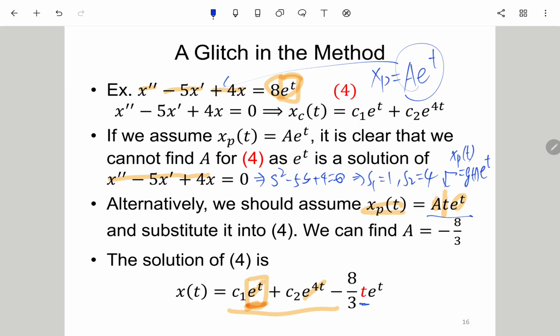Unfortunately, if the right side has, let's say, 2t exponential to t, then you need to assume xp of t to be a t squared exponential to t, going one order even higher.